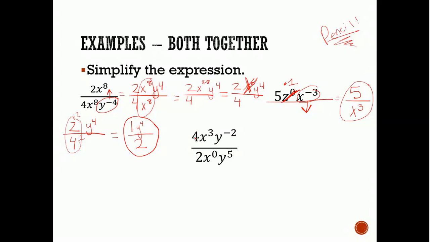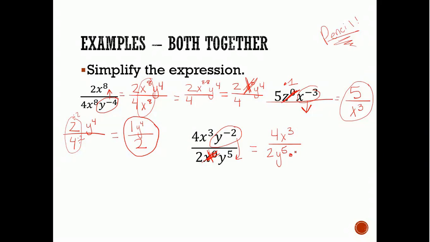Now, let's do this one. This one has a negative exponent, and it's the only one that's got to move. And then I've got 2x to the 0. Remember, that's going to basically cancel out because that's just a 1. So let's rewrite here. We still have on top 4x cubed and 2y to the 5th, and then this one moved to the bottom.